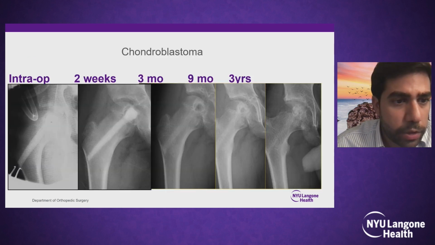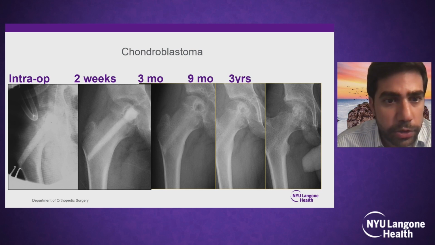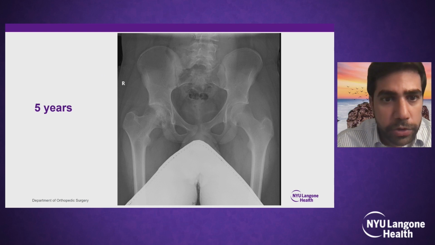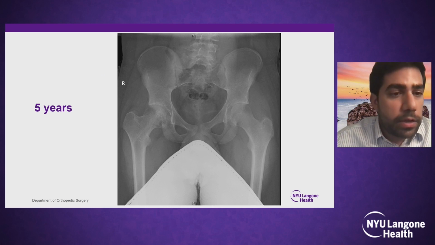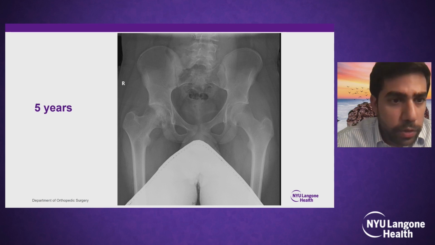And this patient underwent curettage and grafting and did just fine. And at 5 years, maybe you can say that the femoral neck is a little bit shorter on one side than the other because when the curettage took place, there was a growth arrest in that area, but the insignificant amount of growth that was left did not really impact the patient.